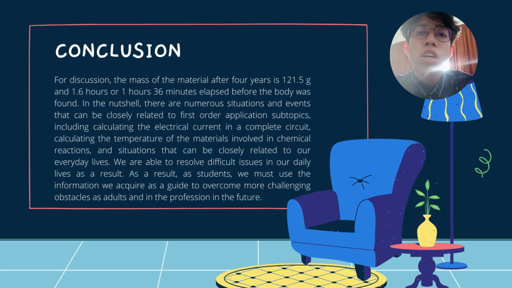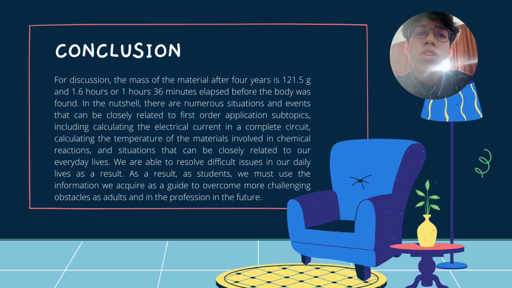In a nutshell, there are numerous situations and events that can be closely related to first order application subtopics, including calculating the electrical current in a complete circuit, calculating the temperature of the material involved in a chemical reaction, and situations that can be closely related to our daily life.